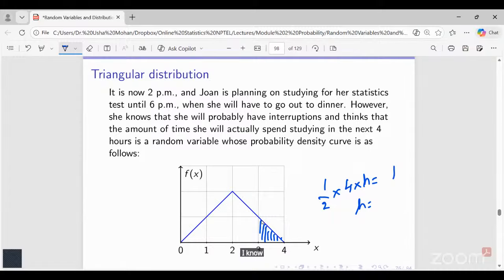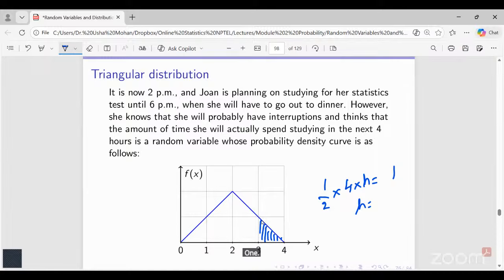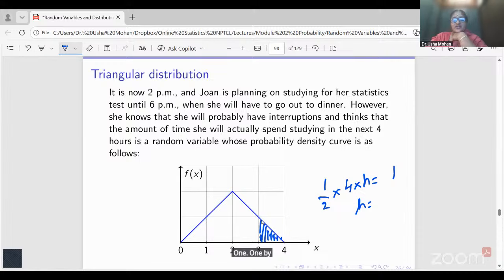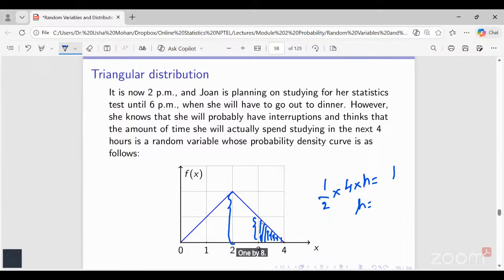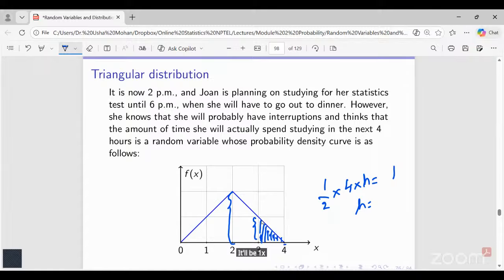I know the height of the curve there is 0.25, so the area is half times 1 times 1 by 4, which is 1 by 8. Is that right?